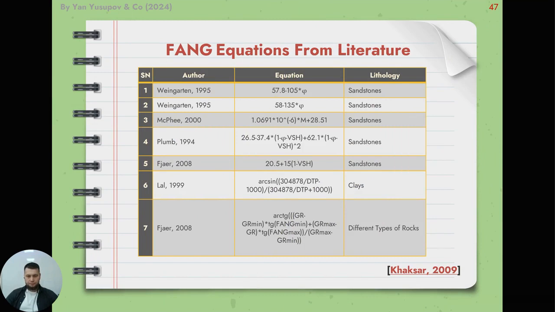This is a friction angle table of equations from literature sources. It is not a big table, but it includes almost all famous relationships for friction angle calculation.